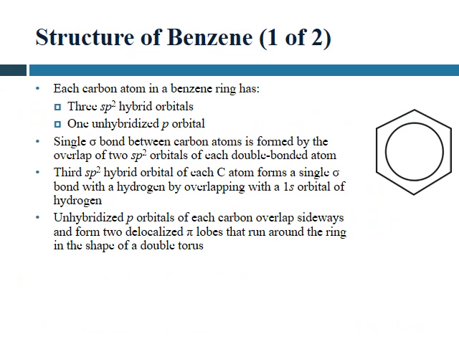The structure of benzene: each carbon in the benzene ring has 3 sp2 hybridized orbitals and 1 unhybridized p orbital. What does it mean? It means if you have a benzene, double bond, single bond, double bond, single, double bond, single bond.